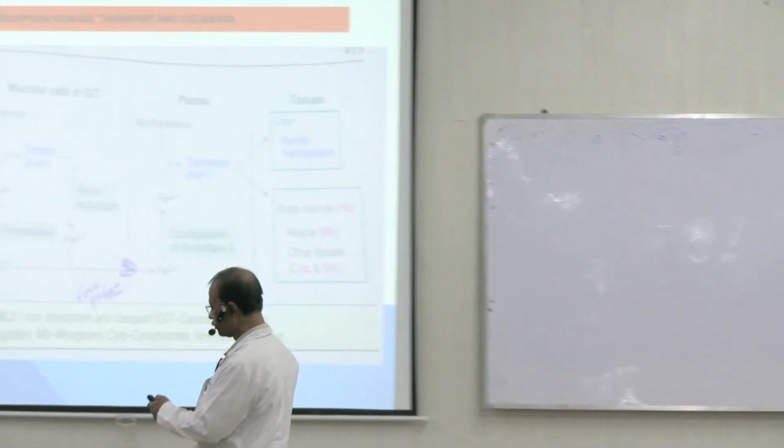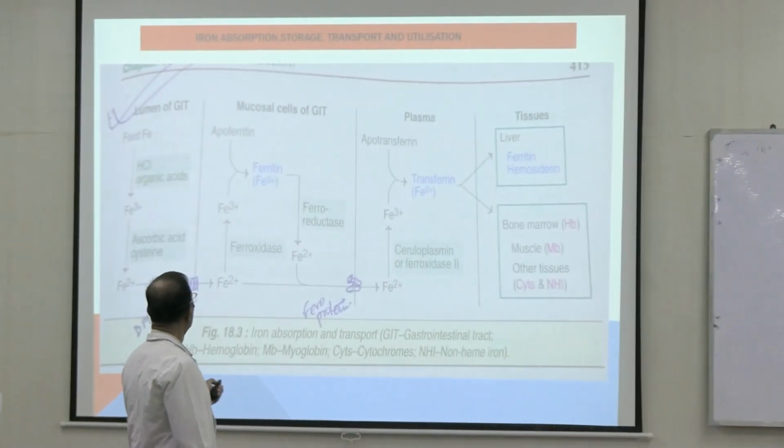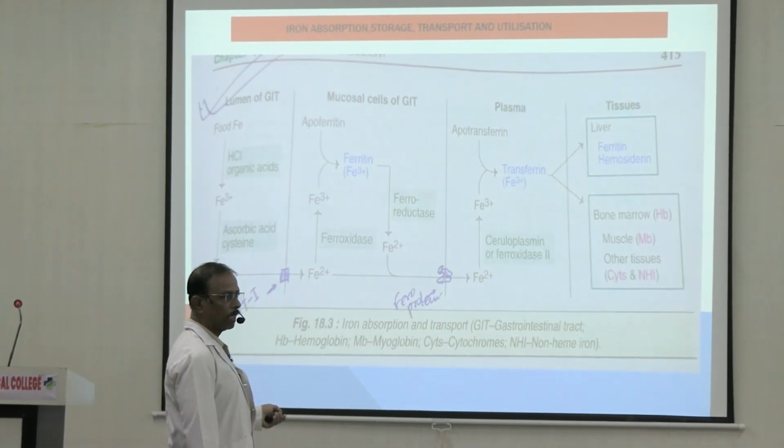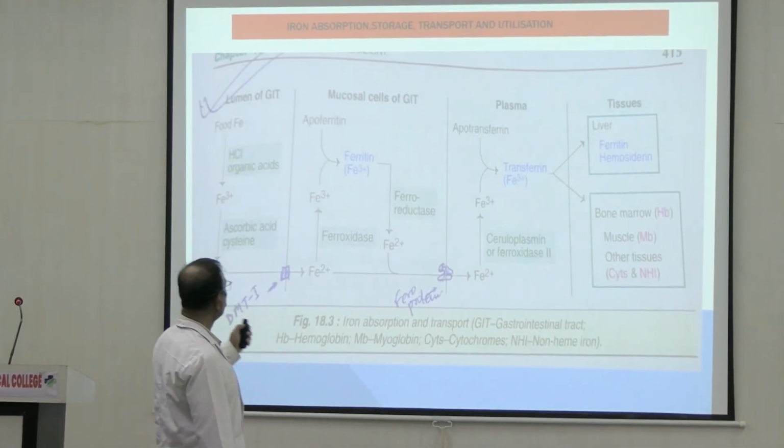So ferritin is the storage form. It is stored as ferric ion in the ferritin.